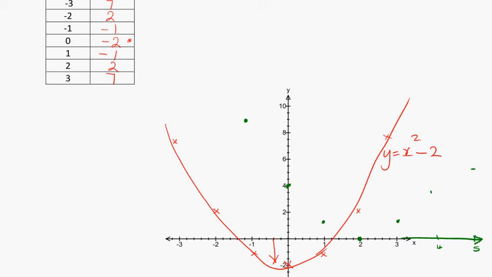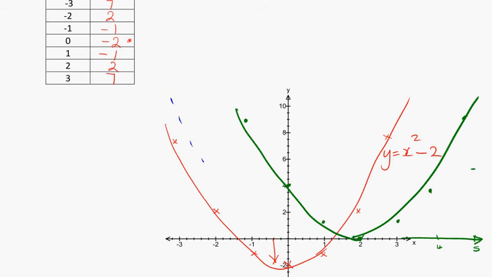There's 4, 4, and 5, 9. It's a bit rough, but if we drew that in, it's coming down and then going up.